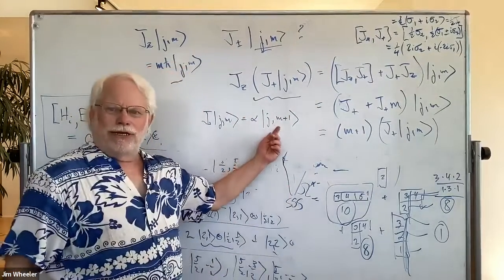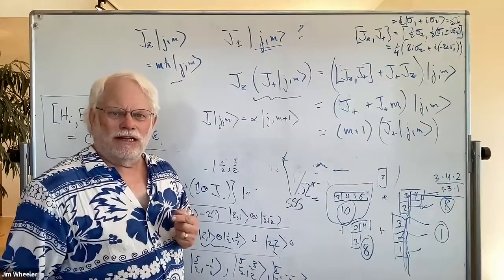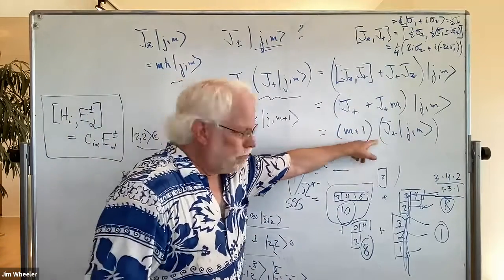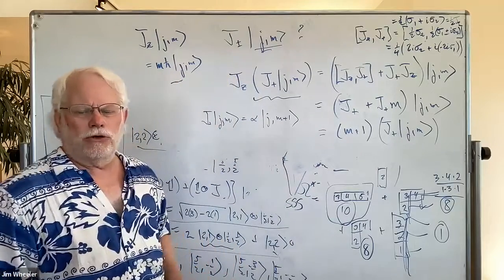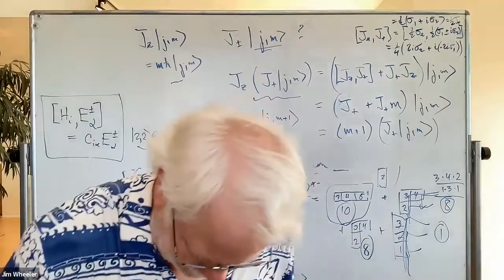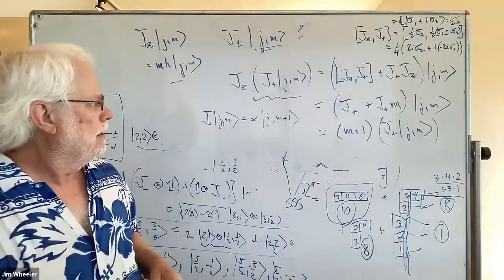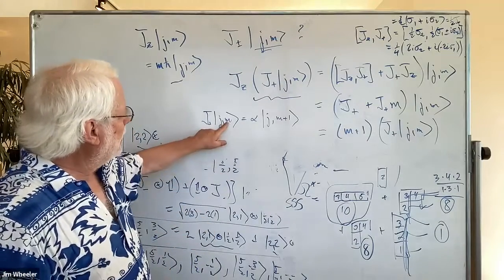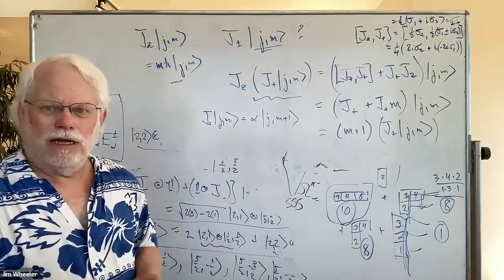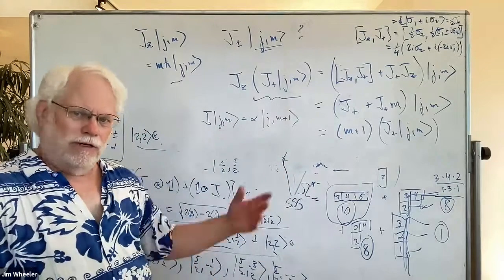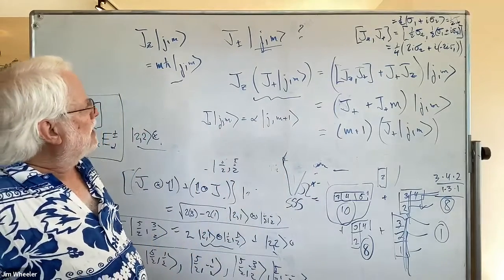The same j, but m has been raised by 1. And J minus, if you work it through, will be m minus 1 here. So the raising and lowering operators allow us to step through the different values of m that are allowed. We just keep applying it, and we can find them all.